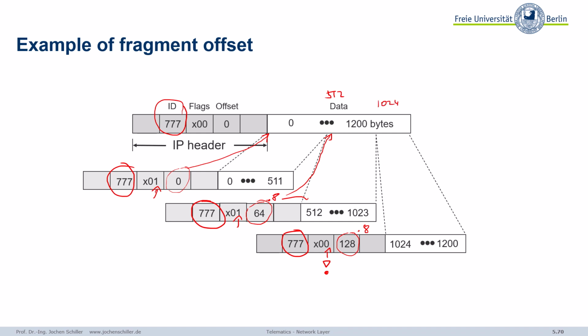So that's the idea. So the offset here tells me where to place the fragment. And the receiver then has to wait until it receives all the fragments. And if not, tough luck. No one guarantees you delivery of IP packets.